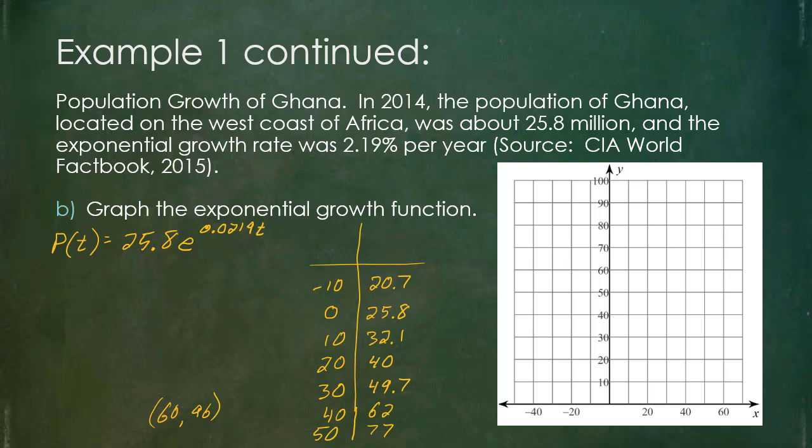So going through and plotting these points, -10 was up at 20.7.